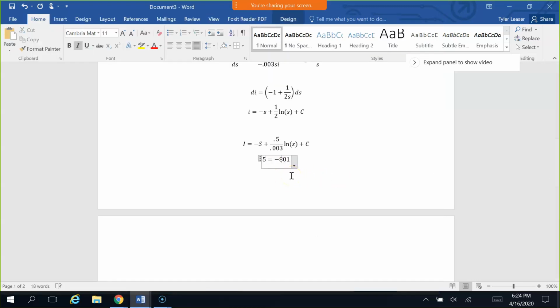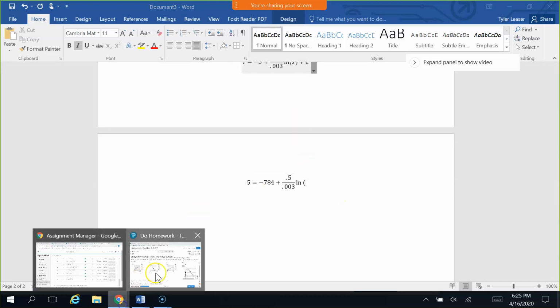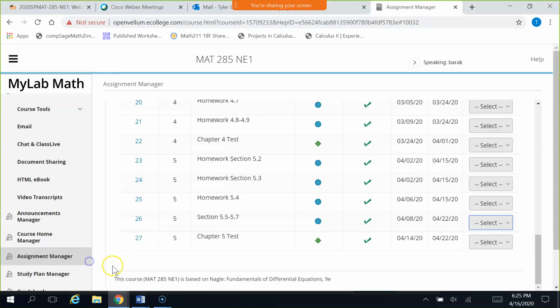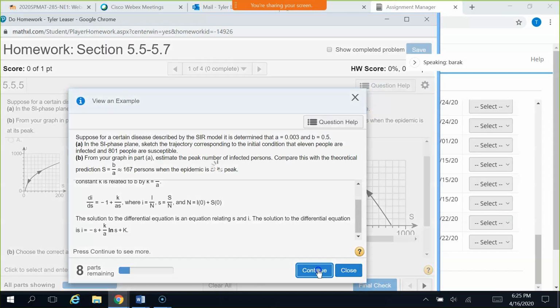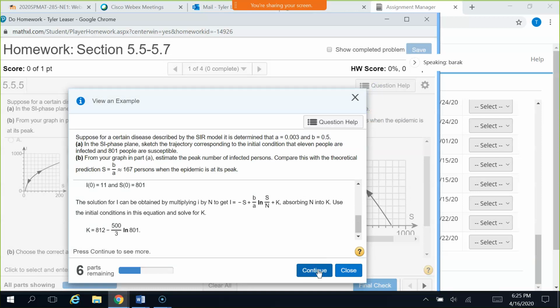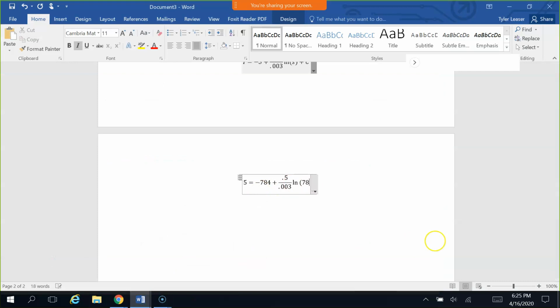I have 5 infected people and negative 784 susceptible people, plus whatever 0.5 divided by 0.003 is, natural log of, and this is now a capital S, I think. Nope, capital S. So 784. There we go. That's how we want to figure out what our constant C is.